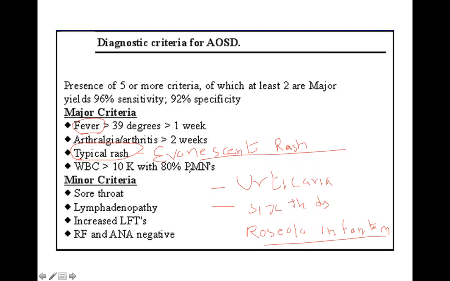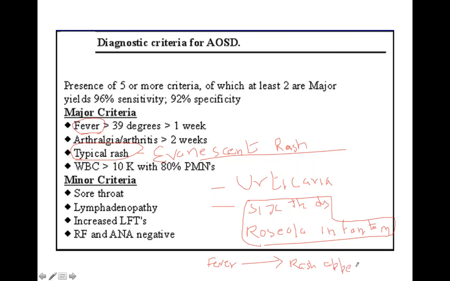And there is something called sixth disease, or roseola infantum. In sixth disease the patient has high fever, then the fever subsides and disappears, and then the rash appears on the trunk and then moves to the extremities.